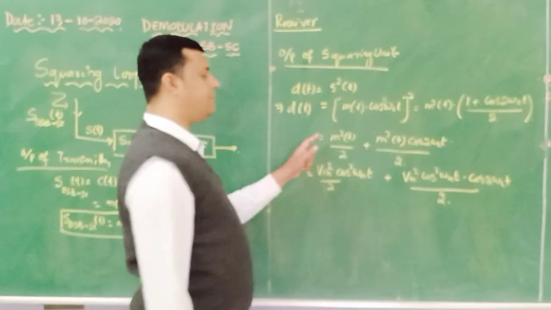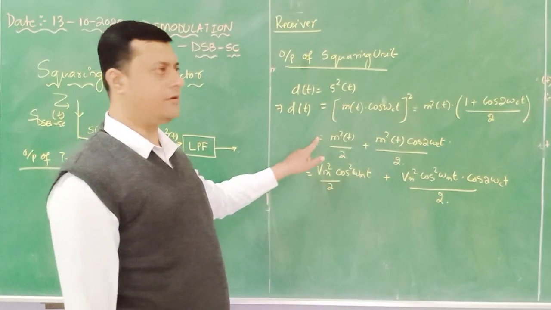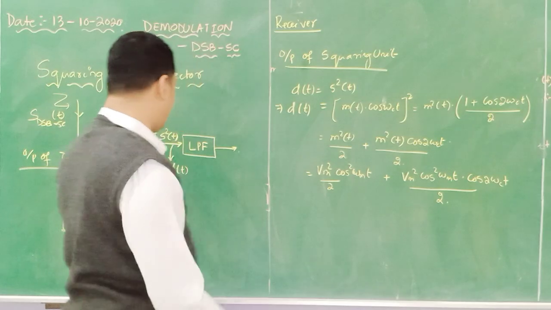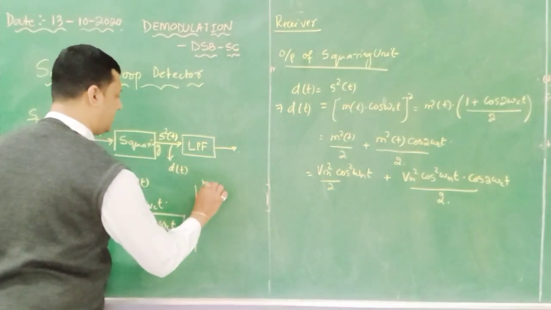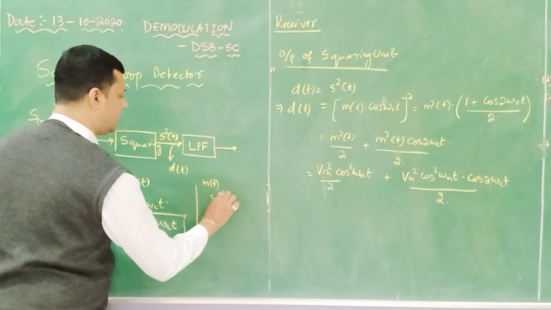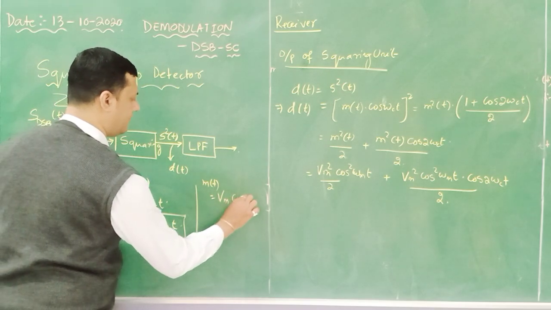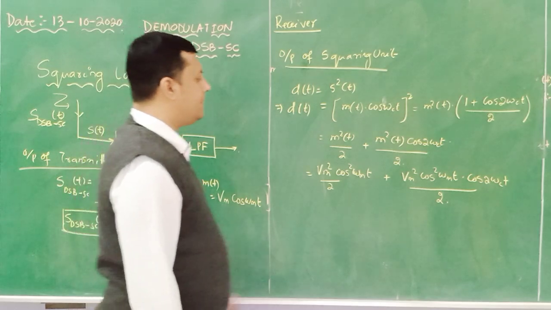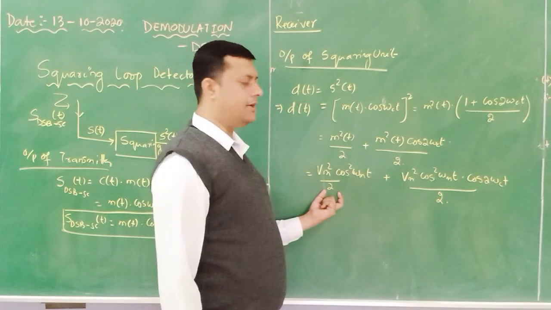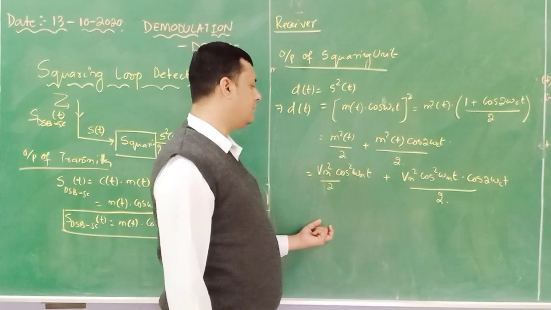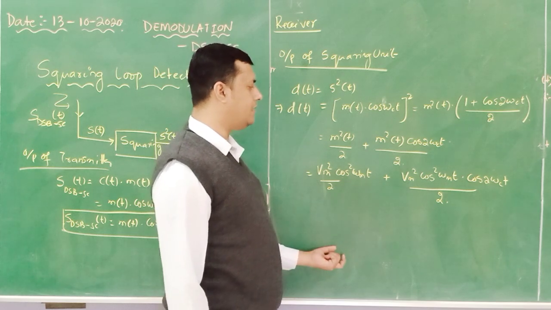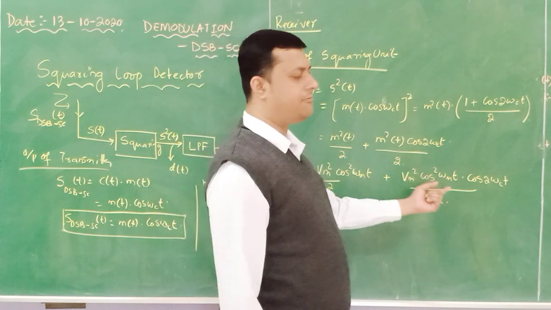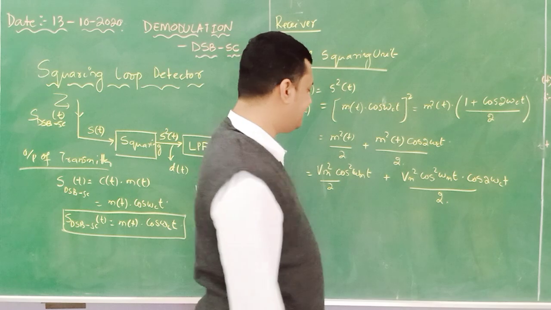Here I have substituted the value of m of t, that is Vm cos omega mt. You can consider m of t equals Vm cos omega mt. Now if you expand this, you will get Vm square by 2 times cos 2 omega mt. Here again it will expand, two terms will come.